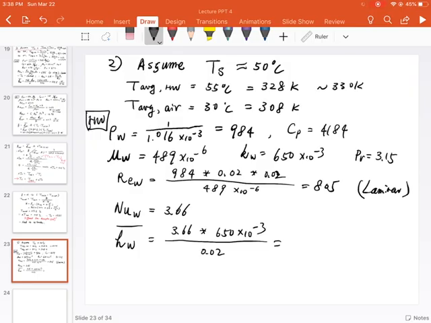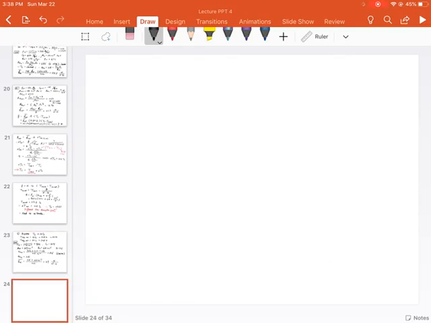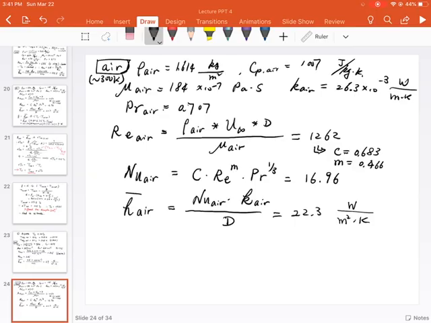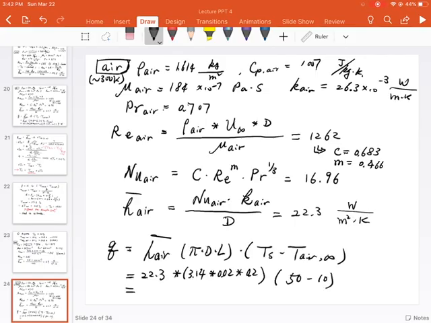And then for the air side, we have to look up the property of air at a temperature of 308 K. I'm going to take everything from 300 K on the table, and then we have to recalculate the Q. Q, however, is now different. The heat transfer rate is 11.2 watt.